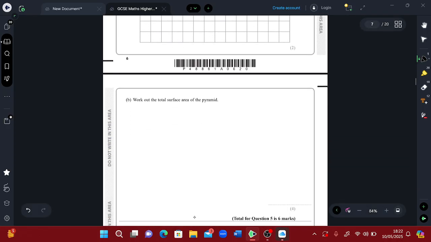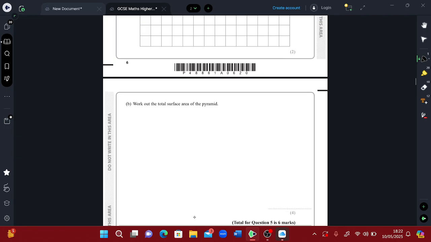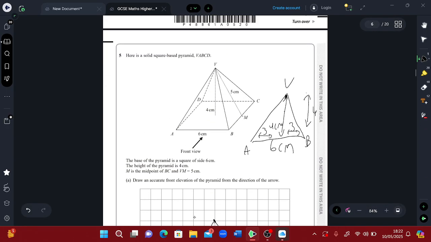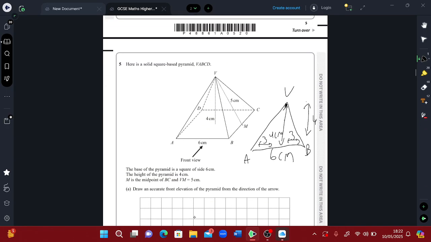Then it says work out the total surface area of the pyramid. Okay, so with surface area, like I said, 3D shapes are just compositions of a bunch of 2D ones. So a triangle and a square. So imagine if we hold this shape in the middle of the air, so every side is exposed.